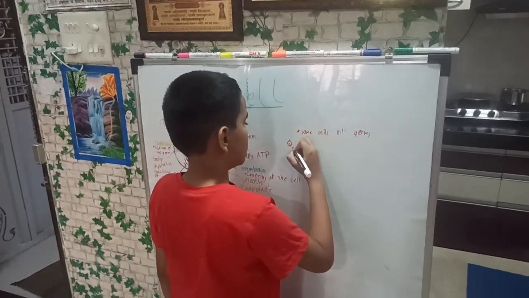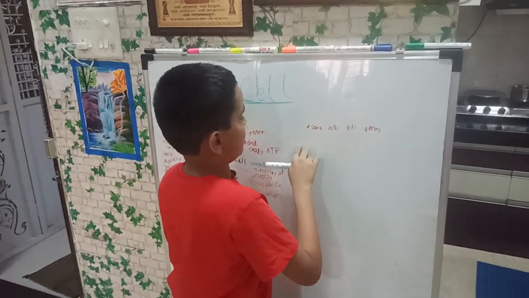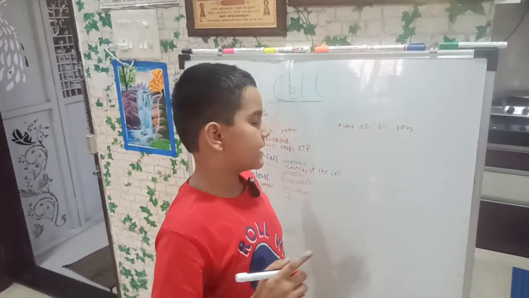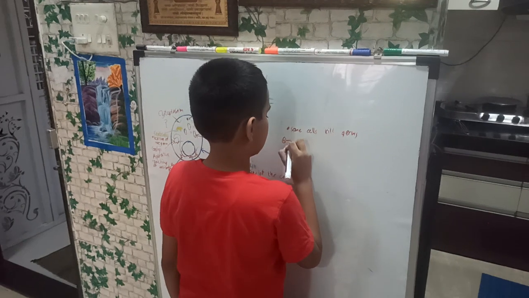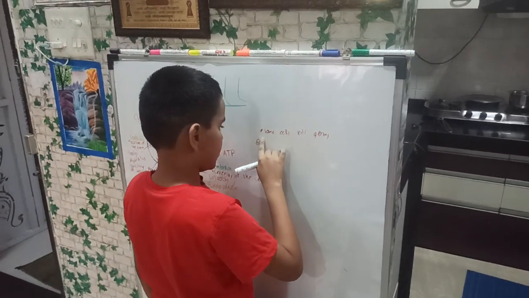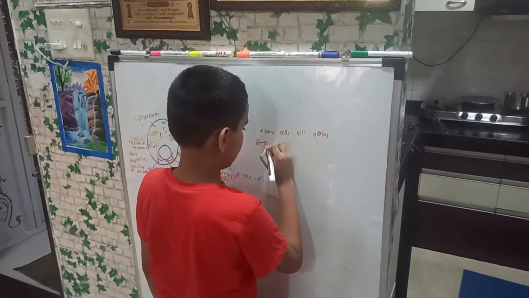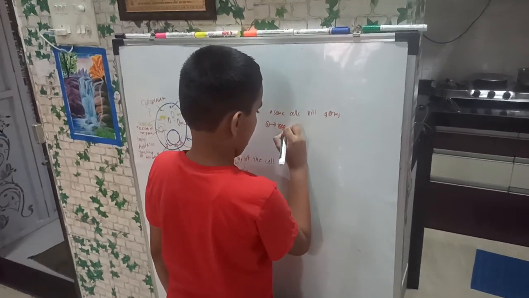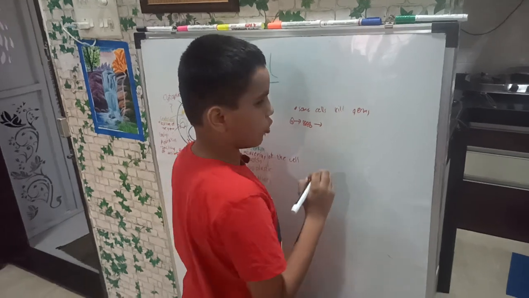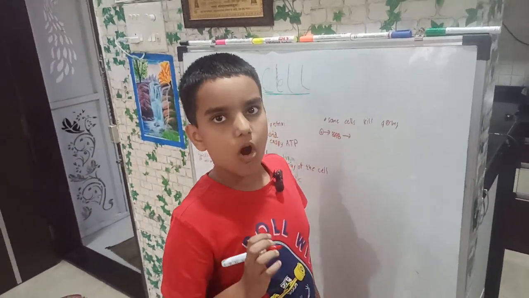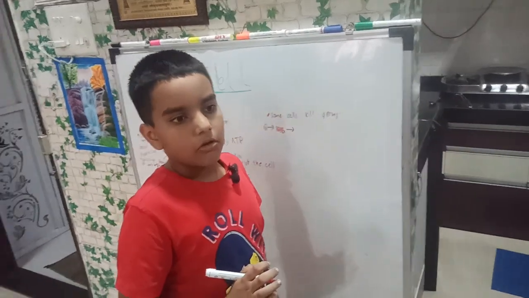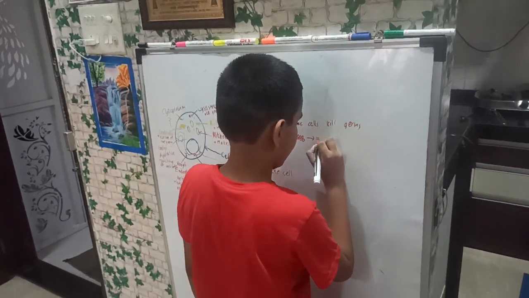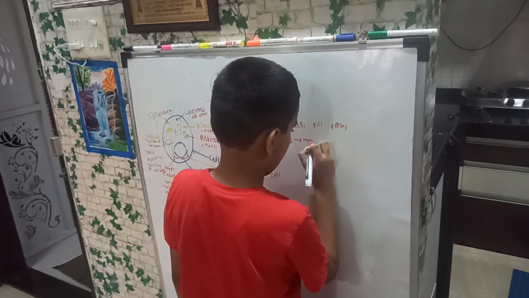So let me tell you about how life is formed by cells. So cells form tissues, which are groups of cells, and then tissues form organs. For example, let's take cardiac muscles.